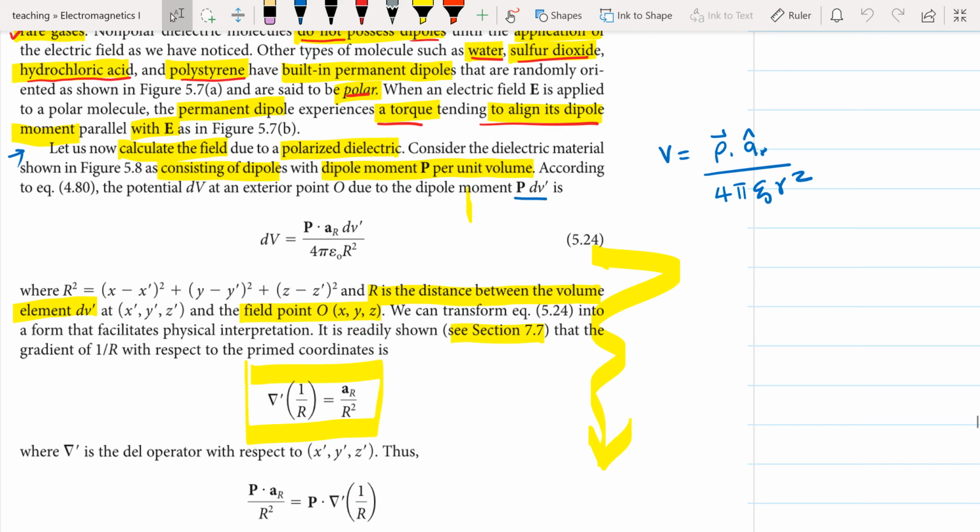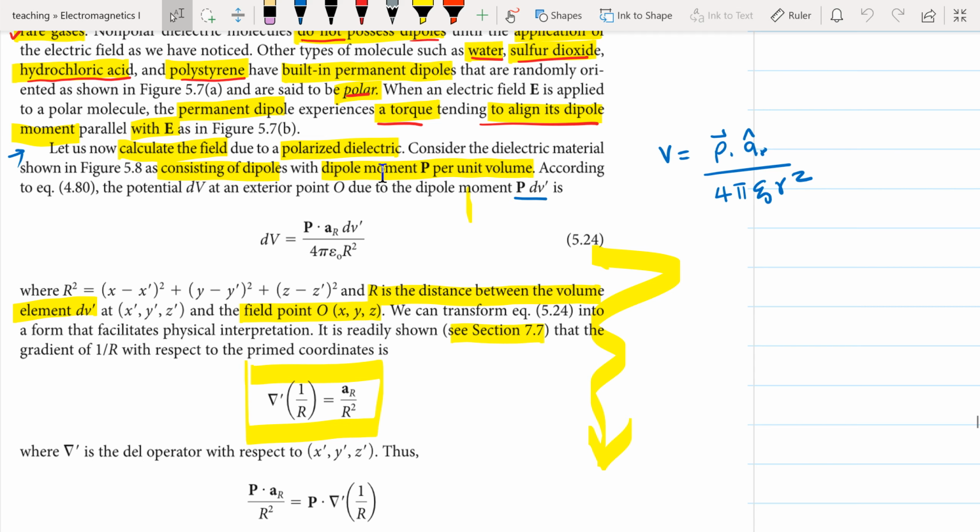Now we consider that dielectric material as the one shown in figure 5.8, consisting of dipoles. So we are considering a polar dielectric that consists of dipoles with dipole moment P per unit volume.